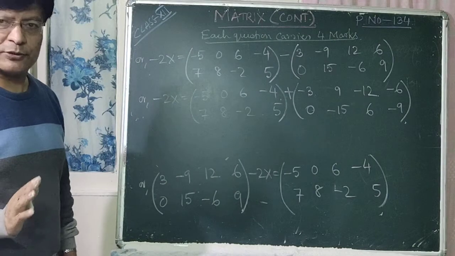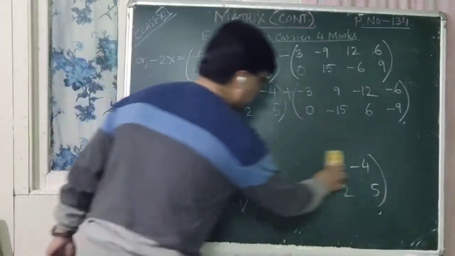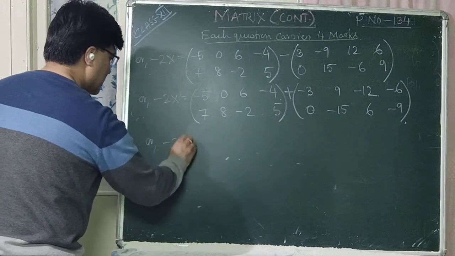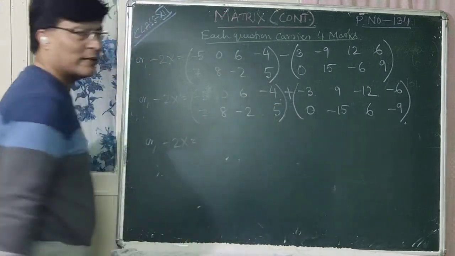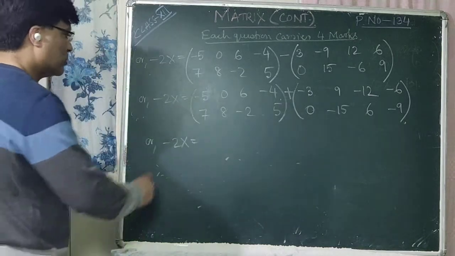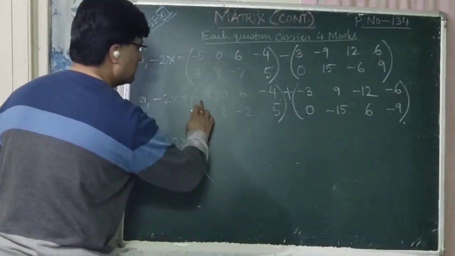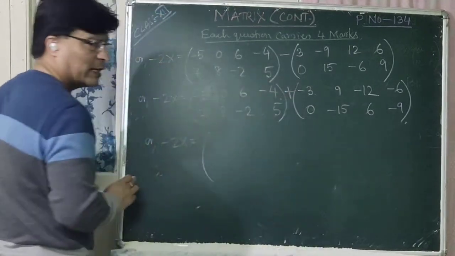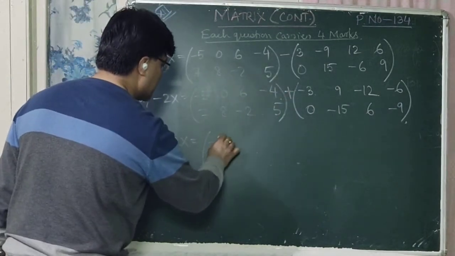I think you have understood it, okay? So let us simplify it. Minus 2X is equal to, you can add those two matrices because they are of the same order, right? So what do we get? Corresponding elements should be added. First element: minus 5 minus 3 is minus 8.